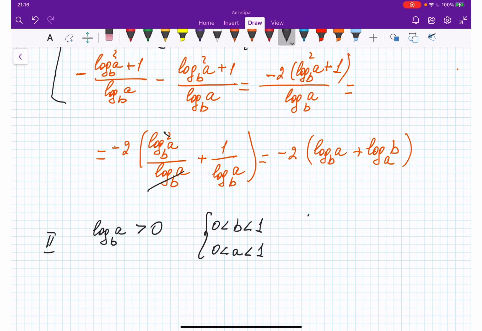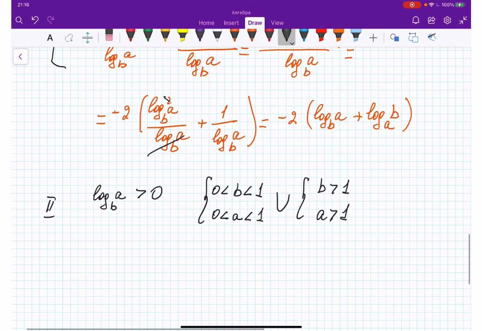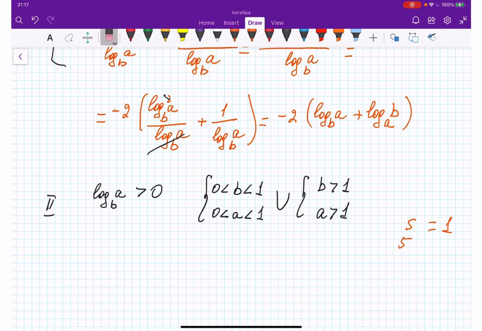Or b is greater than 1 and a is greater than 1. Well, let me bring some examples so you can see. Let's say log base 1/5 of 1/5. There we go, I'm getting 1, greater than 0. Second case, let's say I put 5 and 5, equal to 1, greater than 0, right? Okay.